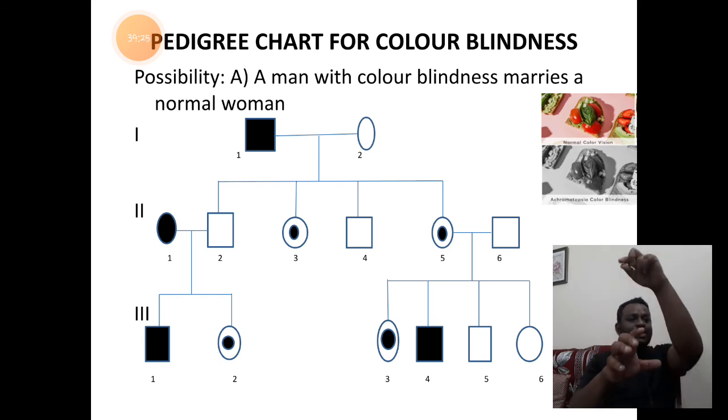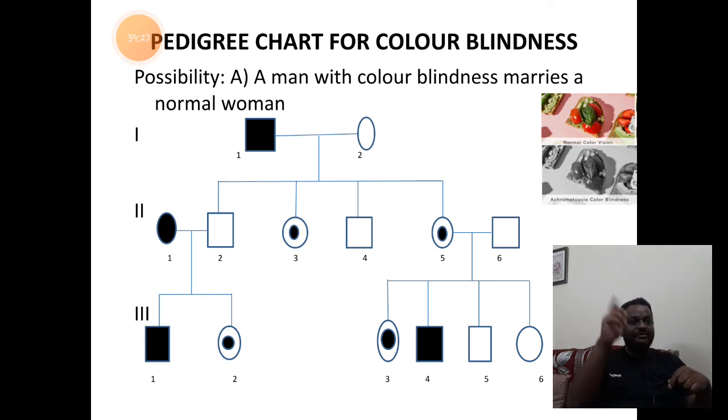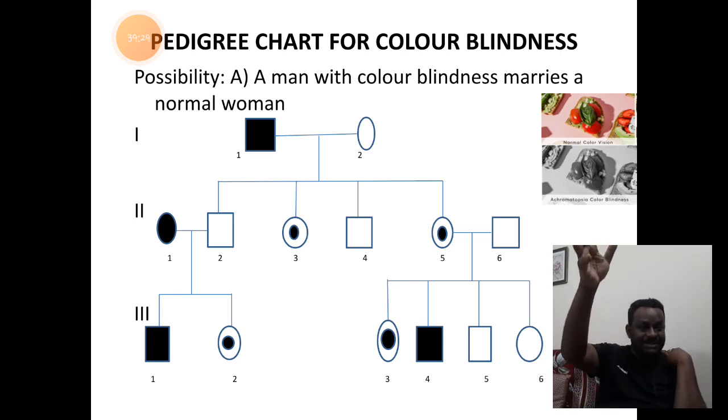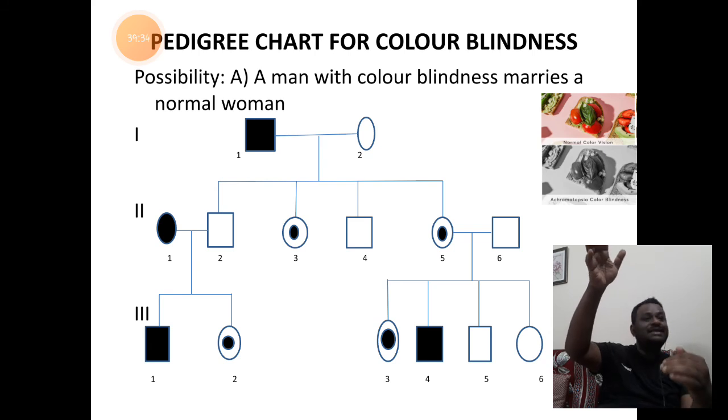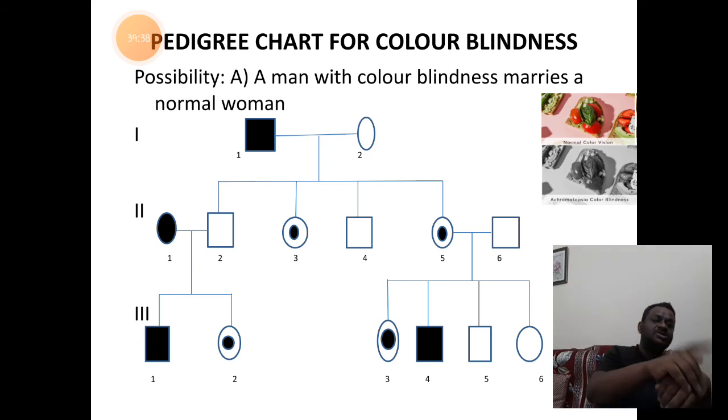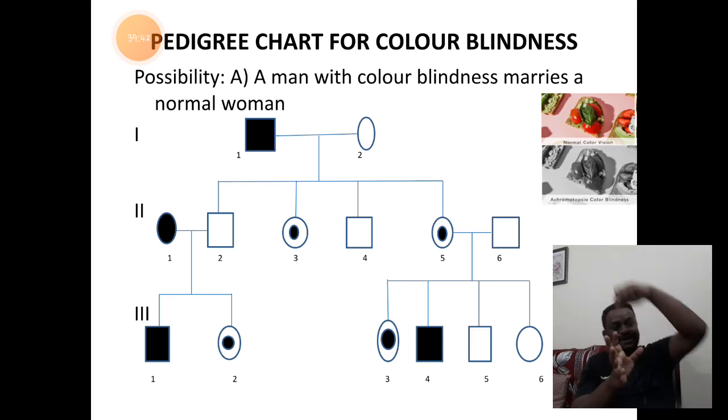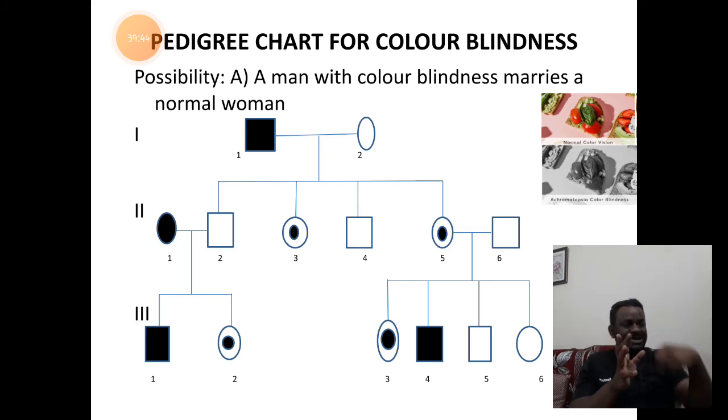So when you look at the pattern, in the first generation, the grandfather is affected. In the second generation, females carry the gene as carrier mothers. And in the third generation, again grandsons are getting affected. So the passage of transmission of the gene of X-linked recessive from the grandparent to the grandson through the carrier female is called crisscross inheritance.